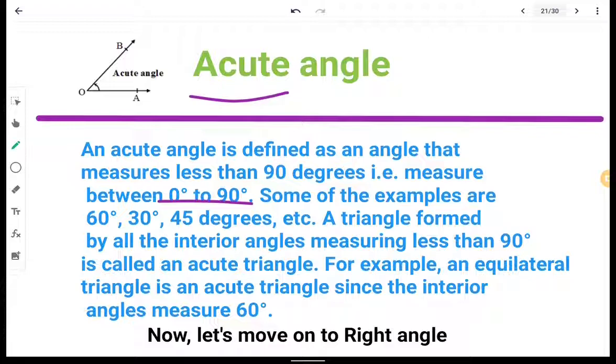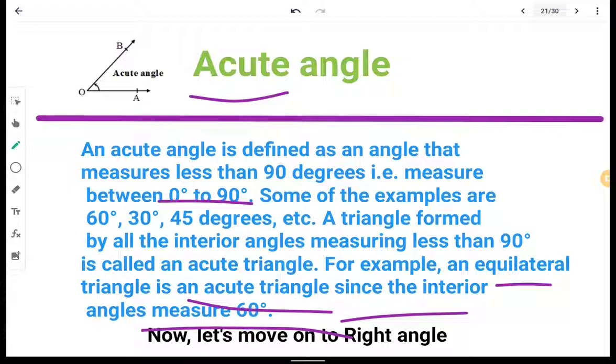For example, an equilateral triangle is an acute angle triangle. An equilateral triangle has all the interior angles as, yes, you are right, 60 degrees. So it's an acute angle triangle, obviously, since the interior angles measure 60 degrees.